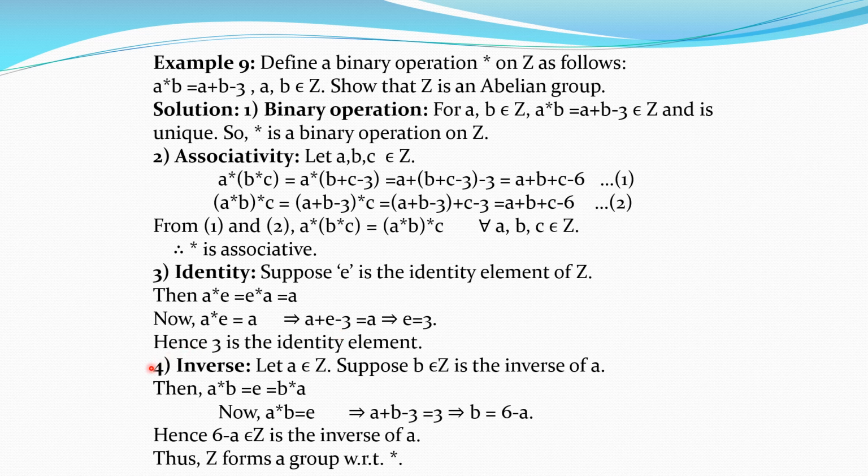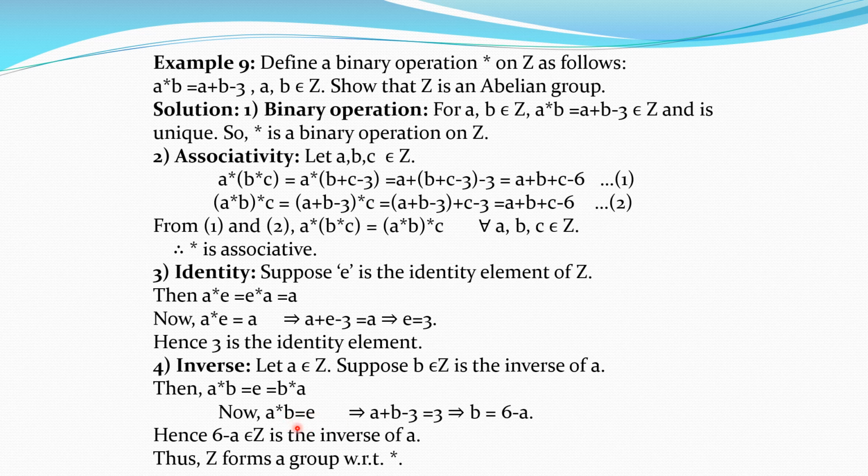So, 3 is the identity element in Z with respect to star. Now, it is possible to find an inverse for every element. Let A belong to Z and B belong to Z be the inverse of A in Z with respect to star. Again, by using the definition of inverse, we get A star B equal to B star A is equal to identity. So, consider A star B is identity. Now, identity is 3 in this case. So, putting the value, A star B equal to E implies A plus B minus 3 equal to 3.